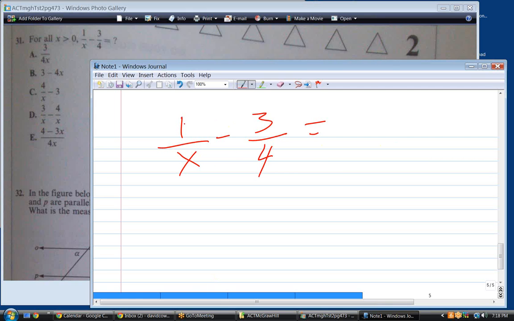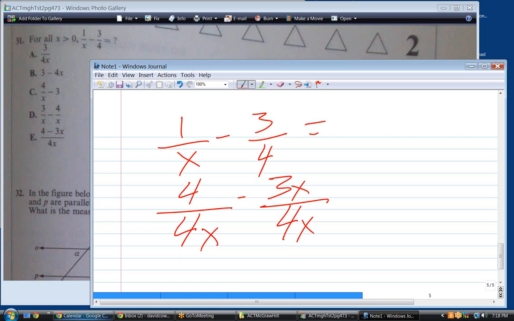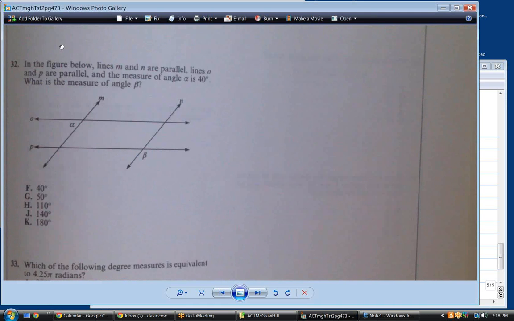What's my biggest worry? Do you have to make the denominator the same? Yeah, I got to find a common denominator. What's the common denominator? 4x. All right. So it would be 4 minus 3x, which is that one. Okay. Yeah, I did know that. I don't know why I just blanked.